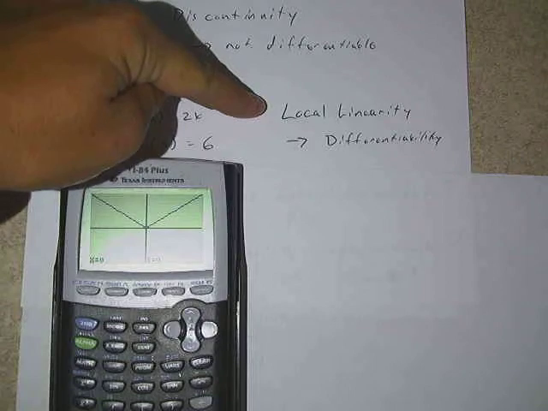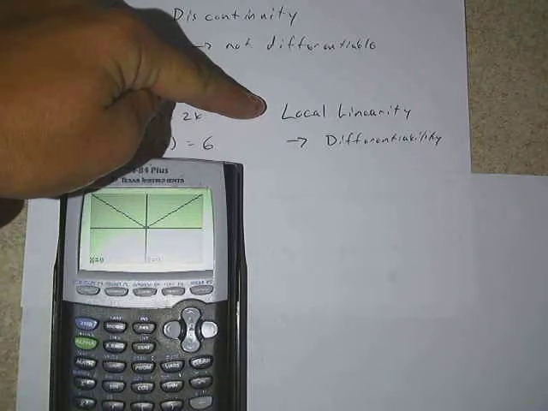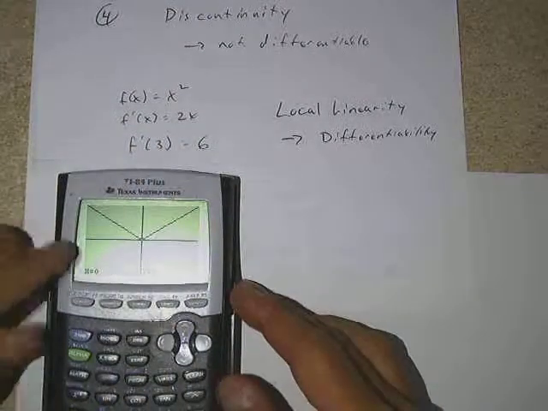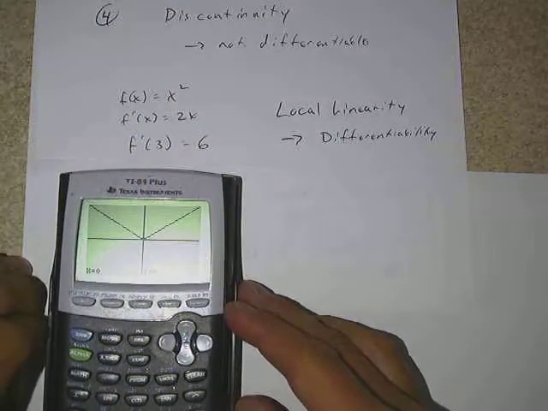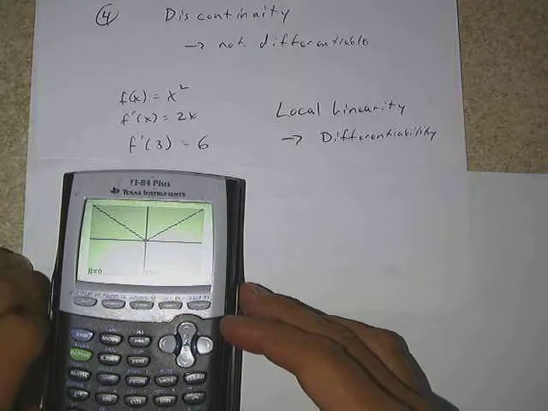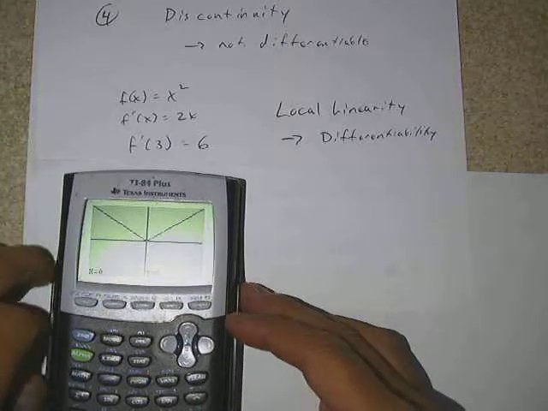If we took points on either side of this, they're super close to 0, both of them, at this zoom. But what we find is that it never becomes locally linear. There's no local linearity.